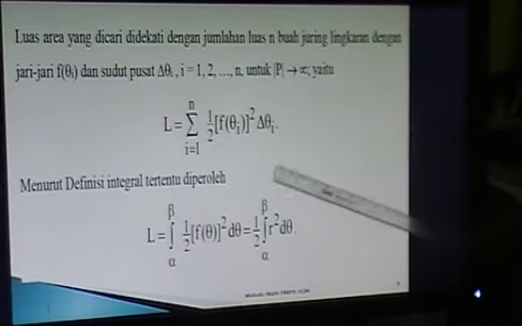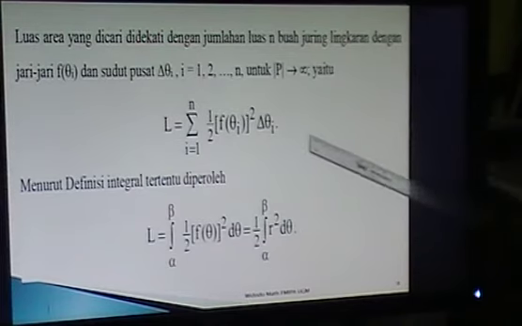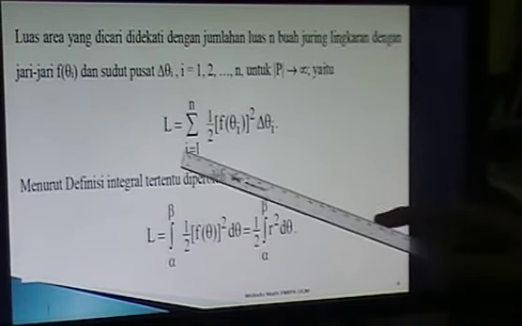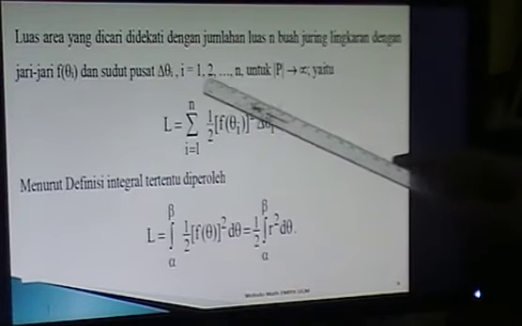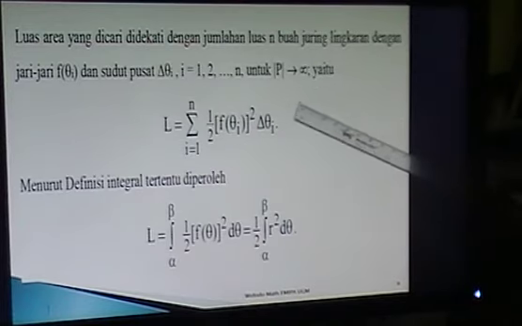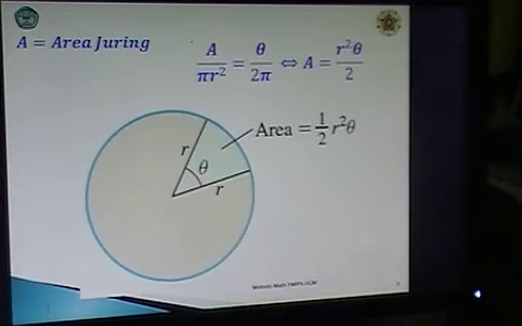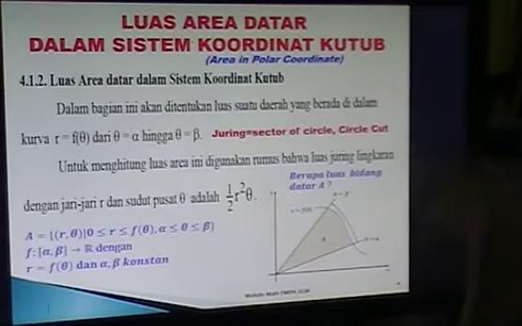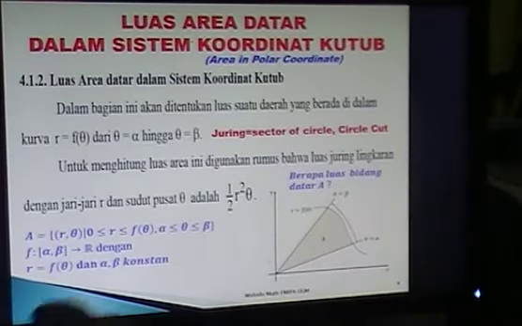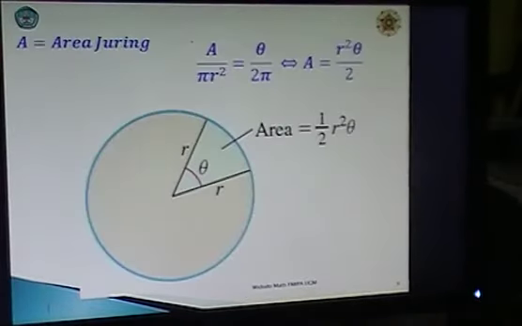This is actually the Riemann sum of the partition P with respect to function f. So this is an approximation of the area by using the area of sectors, I mean the Juring, the sector of the circle.